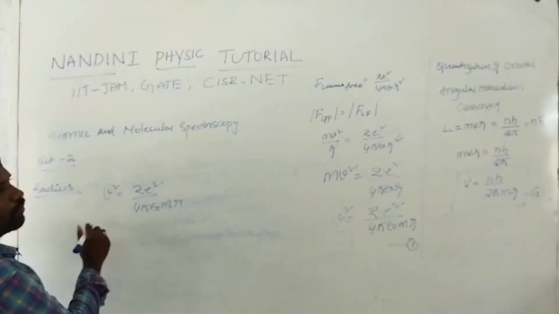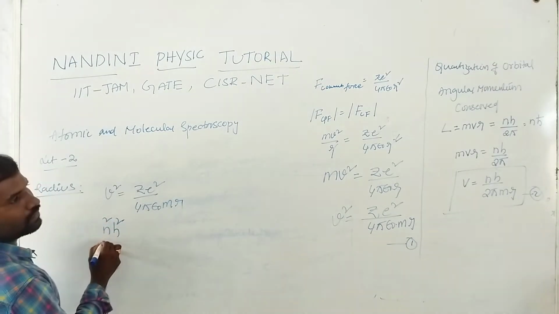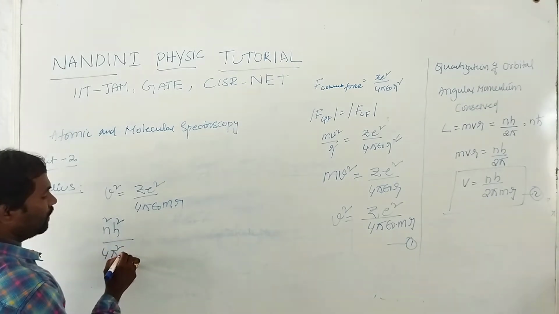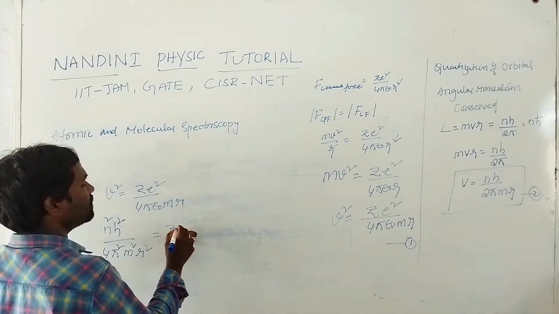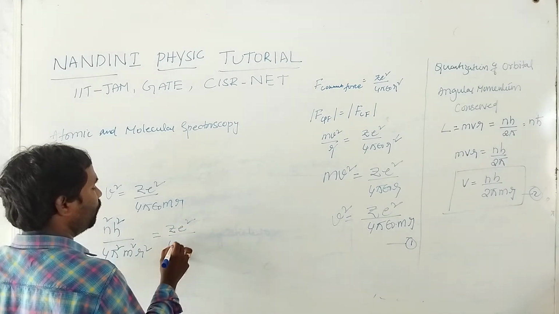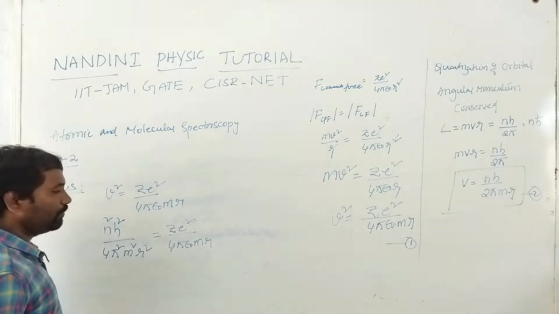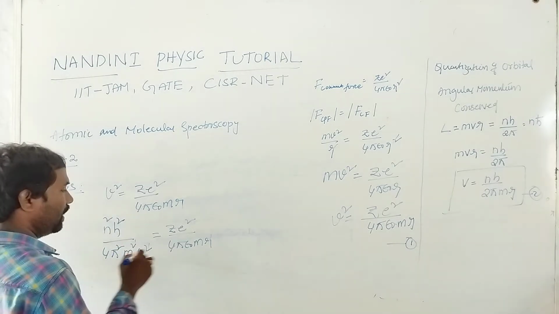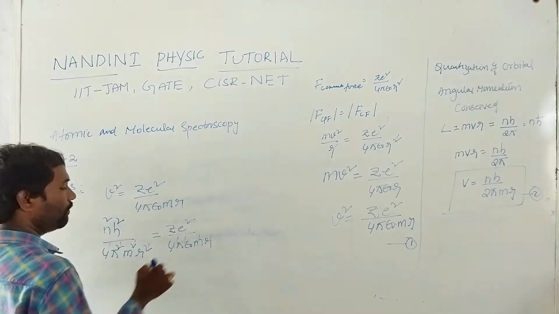So what is this value? n square h square by 4 pi square m square r square is equal to ze square divided by 4 pi epsilon naught m r. Simply cancel r and r, one m, 4, one pi, one pi.